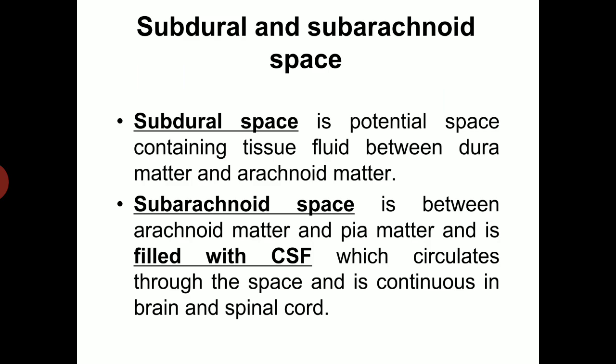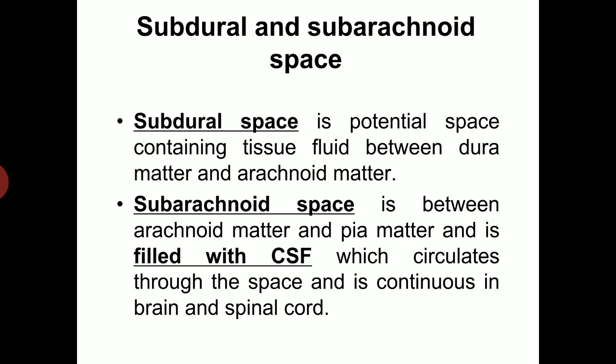Now spaces. There are two spaces, subdural space and subarachnoid space. Subdural space is a potential space containing tissue fluid between the dura mater and arachnoid mater, first layer and second layer. Subdural means beneath the dura.